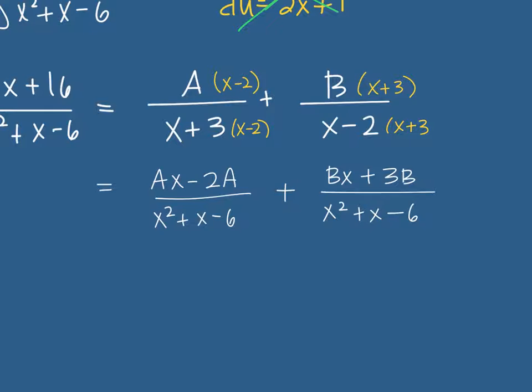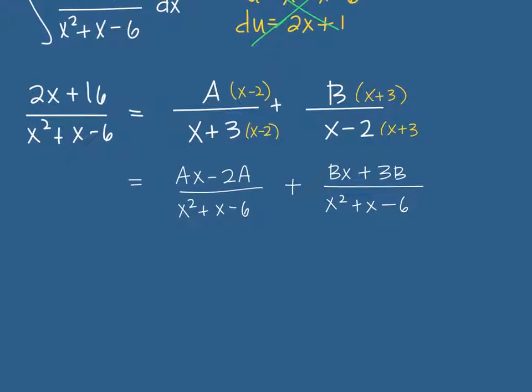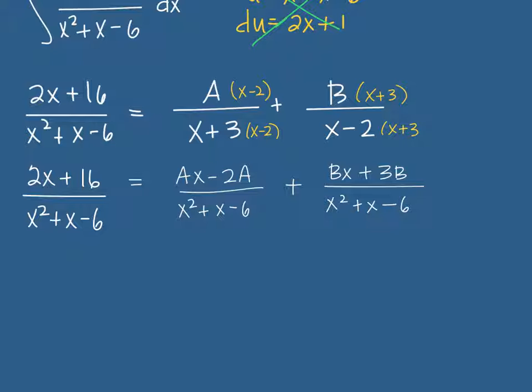So now I've created a common denominator between the two, still equal to the original function, 2x plus 16 over x squared plus x minus 6. When I combine and consolidate, I'll have the common denominator x squared plus x minus 6 equals, and what I will end up with, if I put it in the right order, is ax plus bx minus 2a plus 3b.